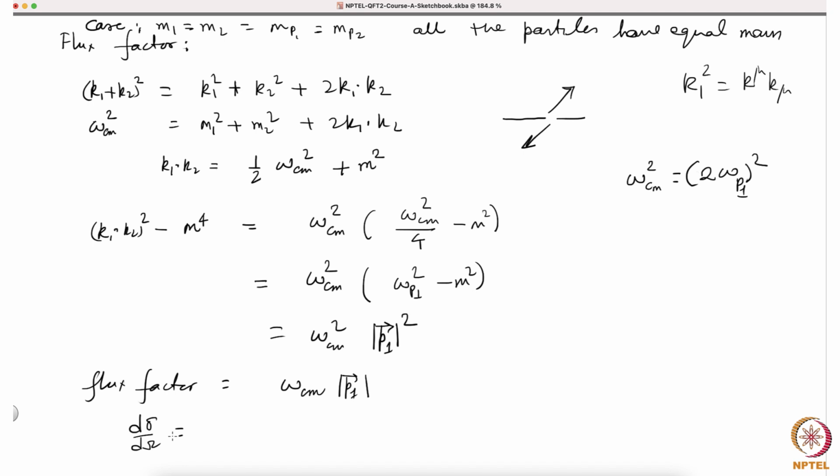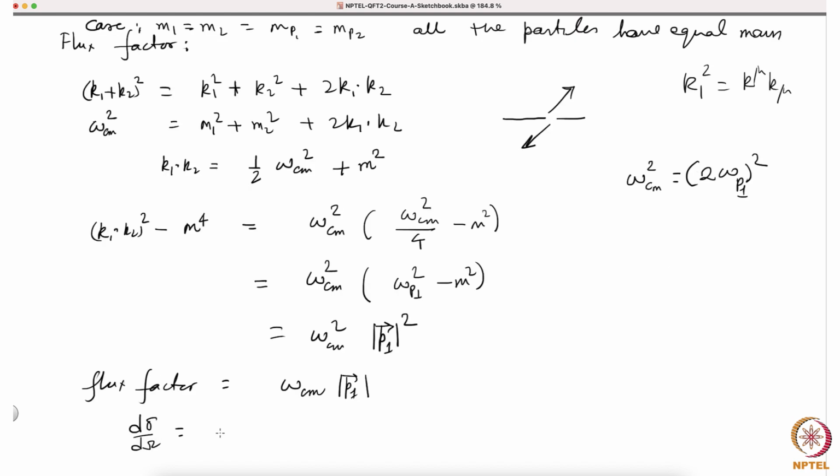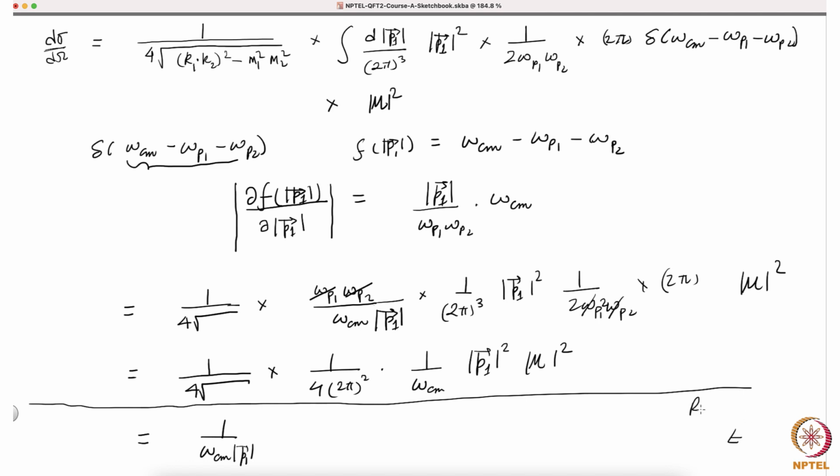You get d sigma over d omega is equal to, let me write it here. This is equal to this factor I said it's omega cm P1 times 4, and there's this 4 also, 1 over 4.